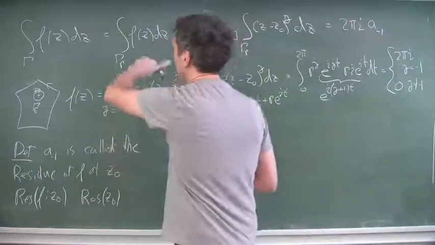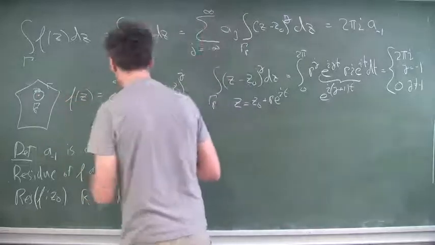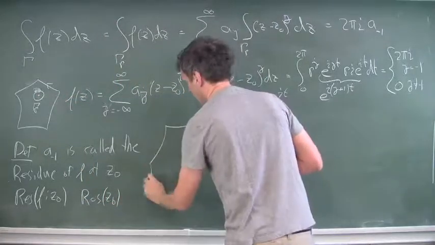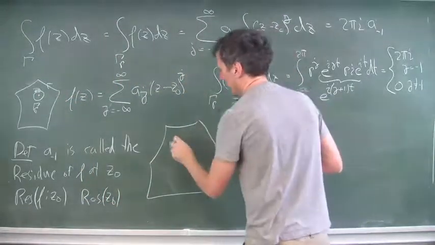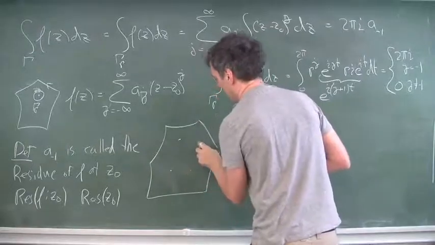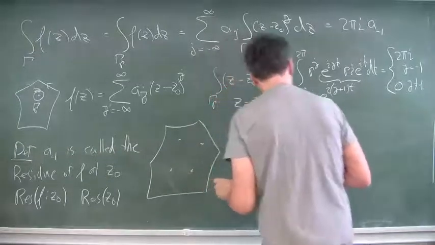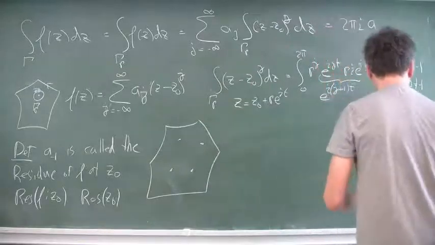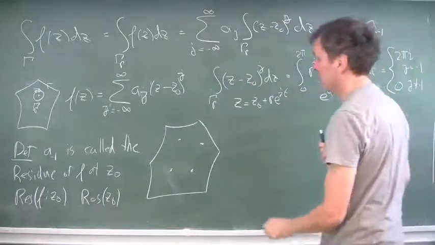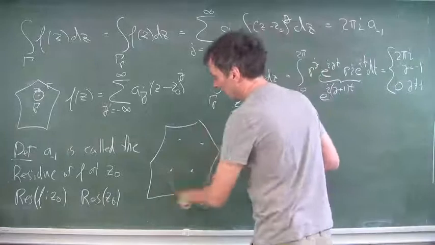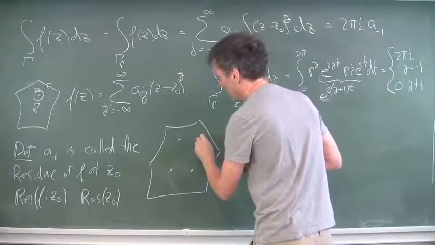So this is how it looks when we have just one singularity. If we have, say, several singularities in here, then one can deform this contour gamma in the following way.